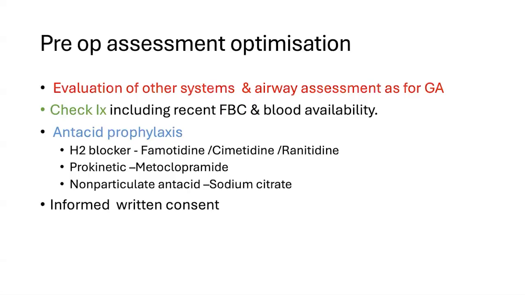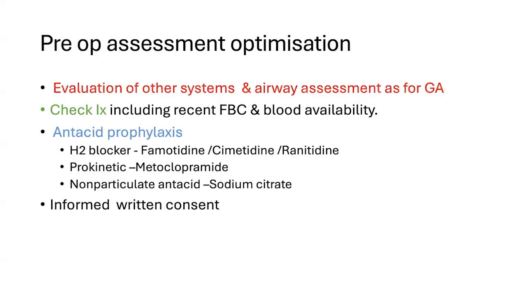So in both general and regional anesthetic techniques, whatever the technique we use, we have to prepare the patient for a general anesthetic because it can always be a failed regional technique that we have to convert to a general anesthetic. So evaluation of the patient's other systems and optimizing those systems and pathologies is very important.